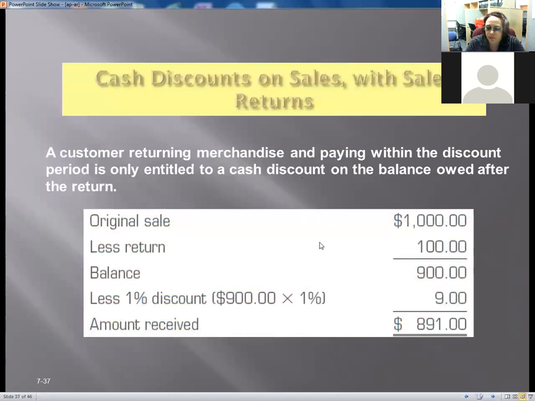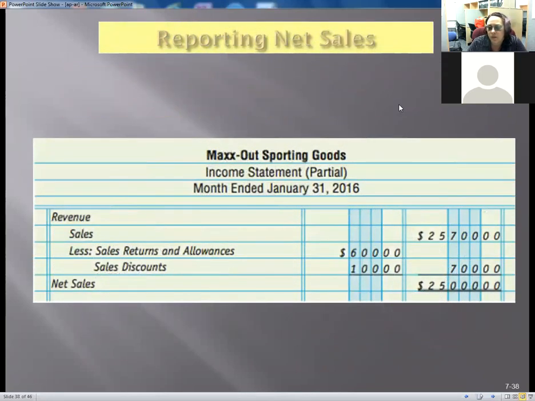So if I purchase something and I come back and return it, and some places charge a 10% restocking fee, that would be $1,000 minus that 10% restocking fee, and then you can only get a 1% discount on that actual balance after you take that restocking fee off. And you might have prepaid some of it, so you're only going to get a discount on what you actually owe at that time that you're taking that percentage.